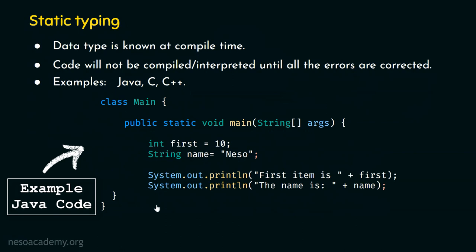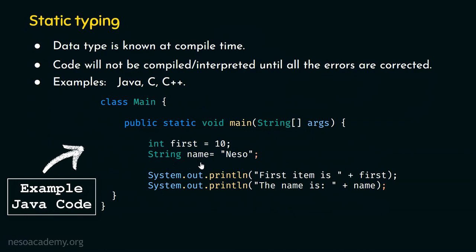In the code written here, we have a couple of variables or labels that we have defined with some value, and we have defined their data type. This variable first has a data type of integer, which is defined by the keyword int, and this variable name has a data type of string, which is defined by the keyword string.